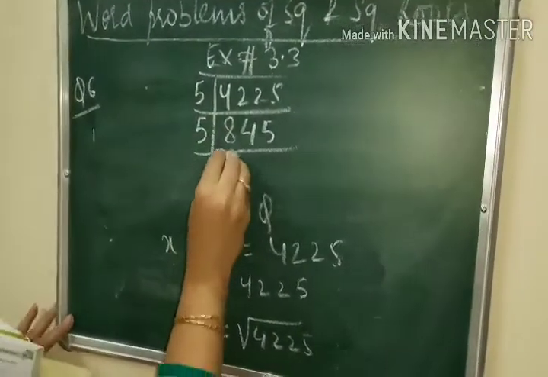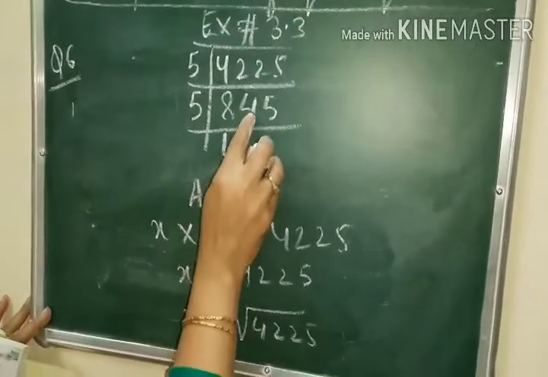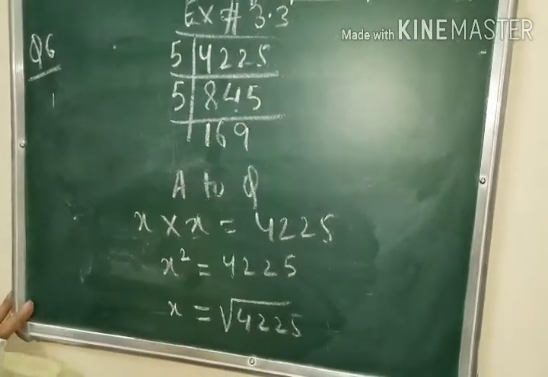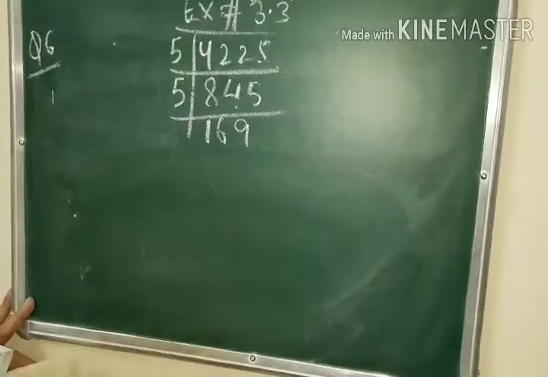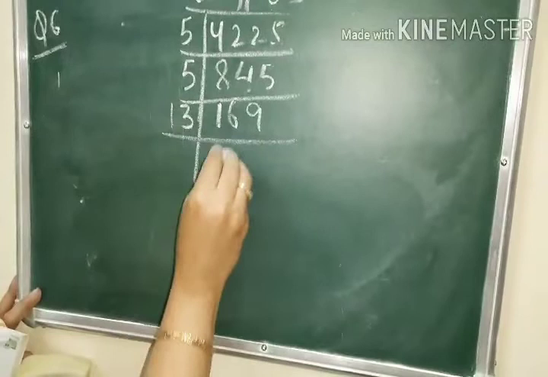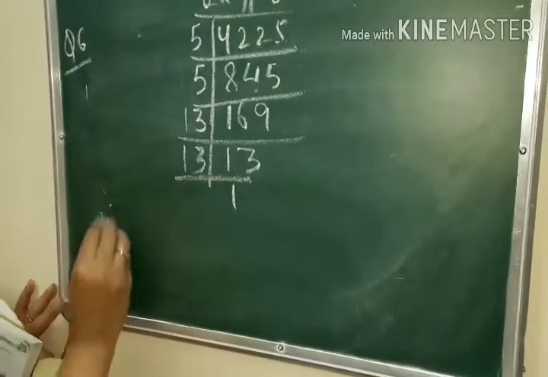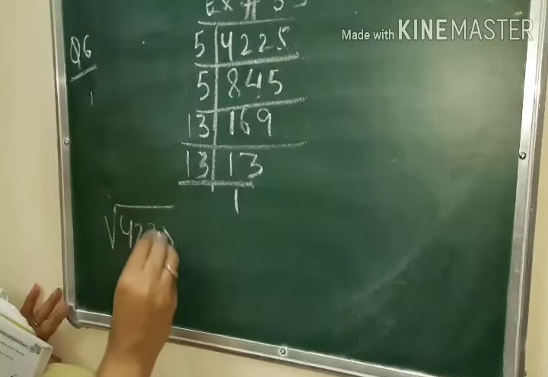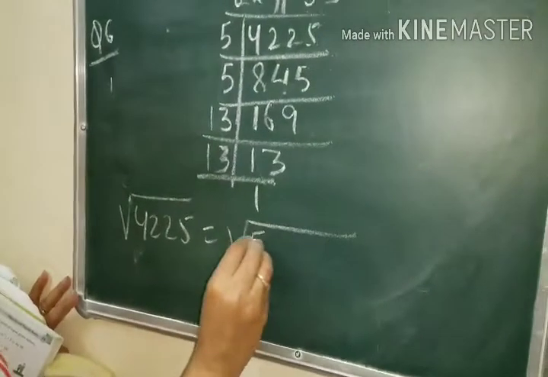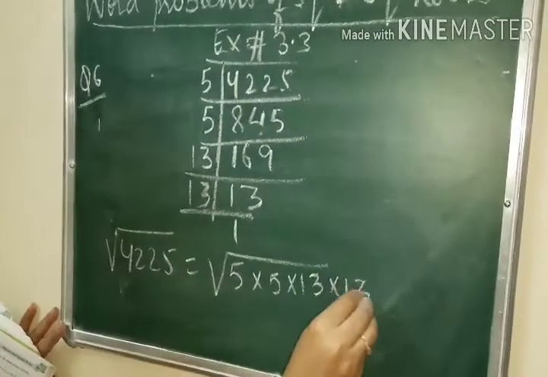Divide by 5. 5 1s are 5. Now 3 is left, 34. 5 6s are 30. 4 is left, 45. 5 9s are 45. Now 169, I had given you the table. It will be divisible only by 13. 13 13s are 169 and 13 ones are 13. So for finding the square root of 4225, you will write 5 into 5 into 13 into 13.